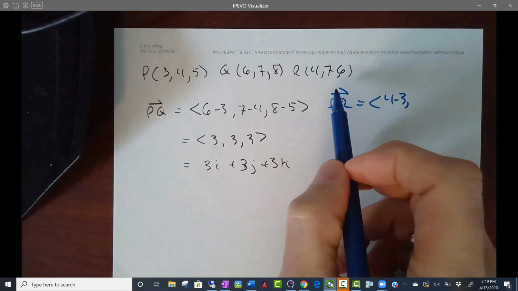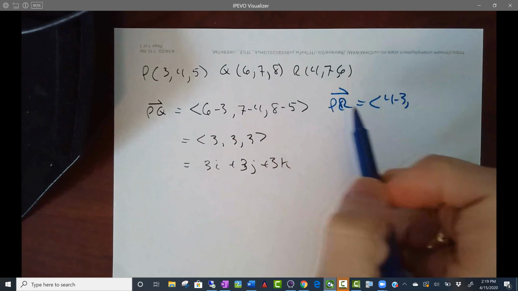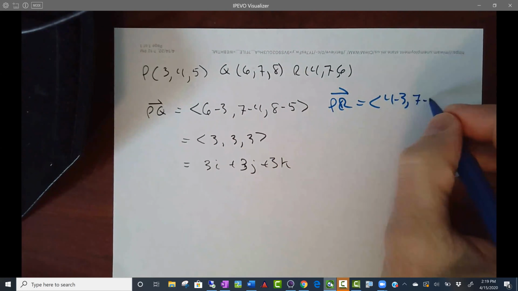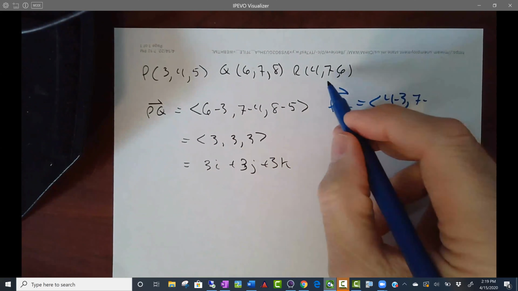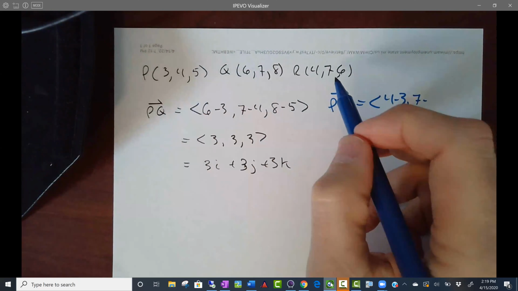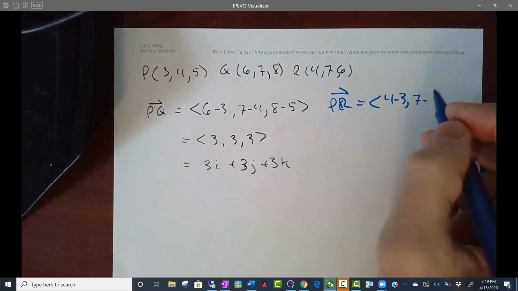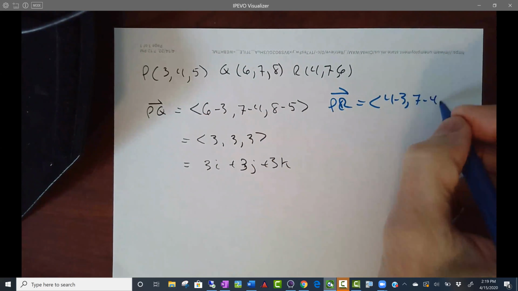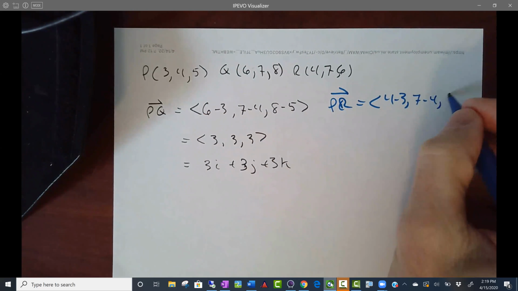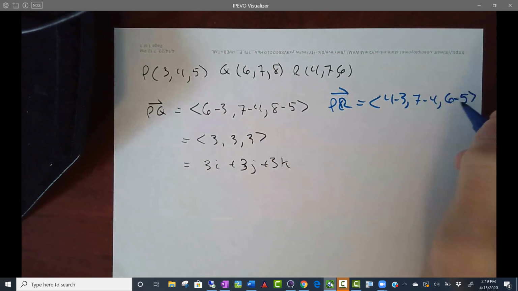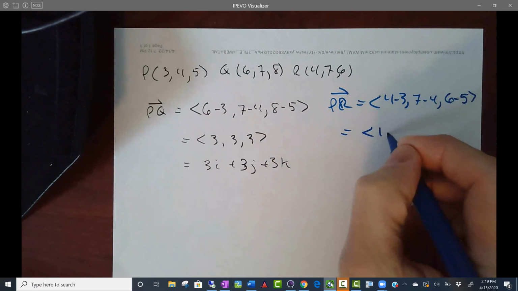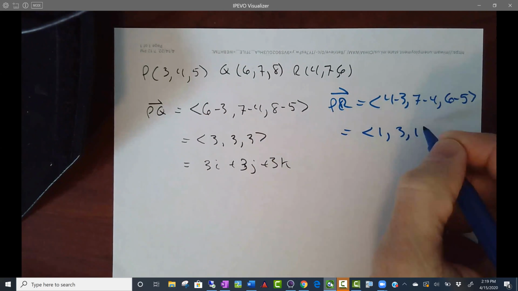And can you tell me what next? So we're going from P to R, right? So 7 minus 4, and 6 minus 5. Perfect, thank you. So that would give me the vector 1, 3, and 1.